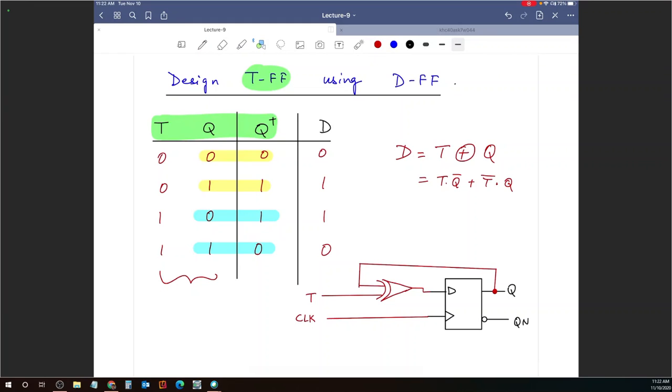We have designed a T flip-flop using a D flip-flop. Both are positive edge triggered. Again, if you need a negative edge triggered one, you just add an inverter to negate the clock, and done.